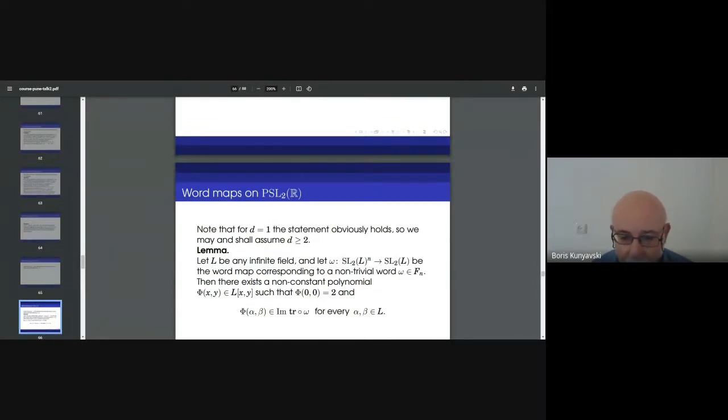So informally, this polynomial covers all possible traces of the elements lying in the image. So the image is big enough.